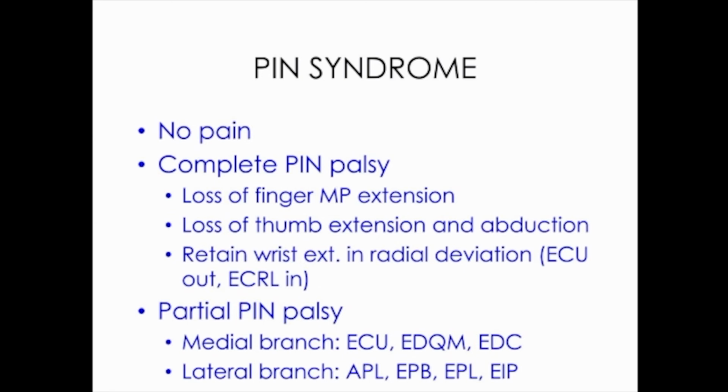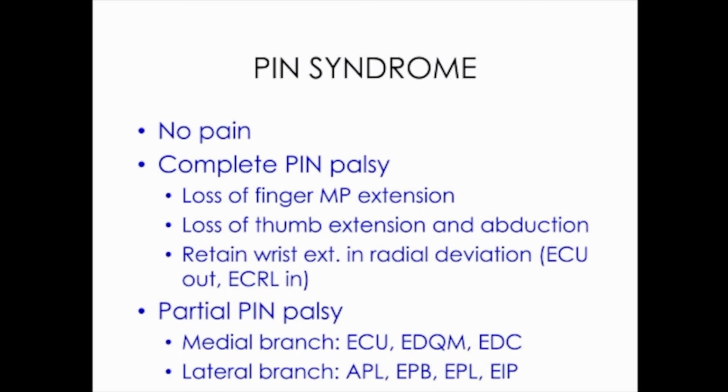There is no pain in PIN syndrome, and the symptoms can be either a complete PIN palsy or a partial PIN palsy. In a complete palsy, you have loss of finger MP extension, loss of thumb extension and abduction, and you retain wrist extension with radial deviation because the ECU is out and the ECRL is in, causing the radial deviation.